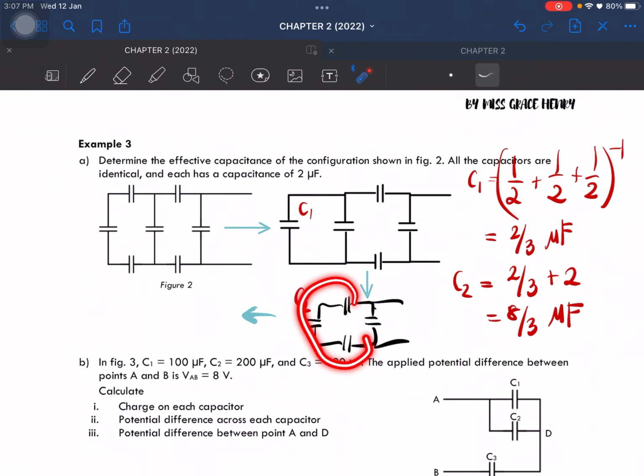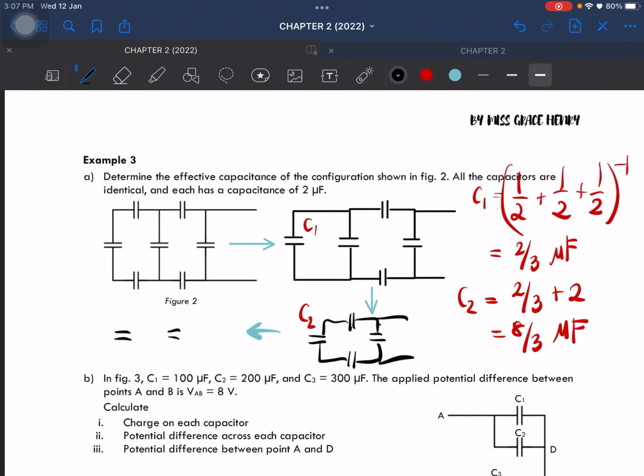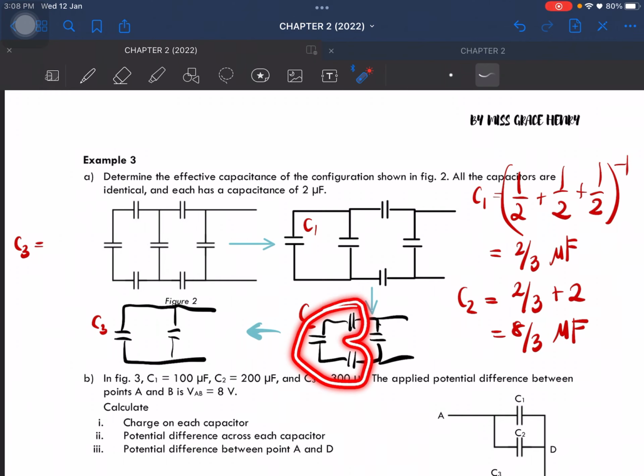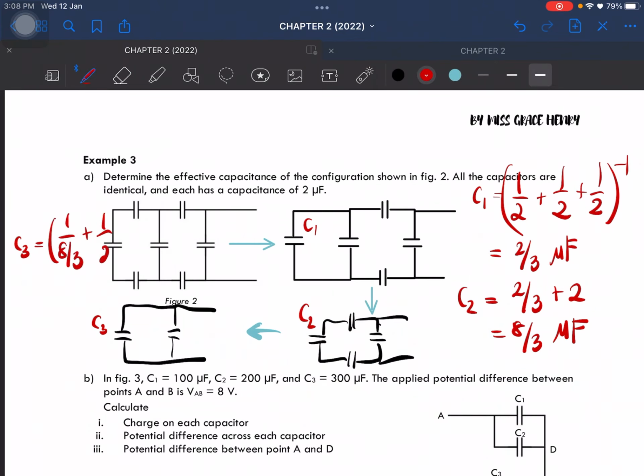Then we simplify it again, so it becomes this 3 again. Okay, so it's going to be like this. This is C3, the one that we have to calculate. So C3 is equal to the addition of these 3. This is again a series circuit, so it is 1 over 8 over 3 plus 1 over 2 plus 1 over 2, all to the power of negative 1.